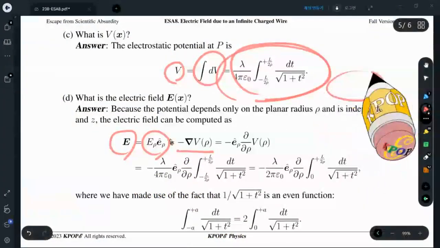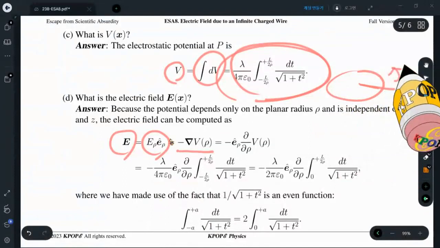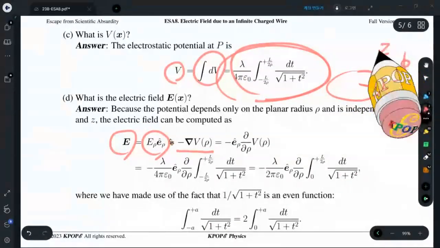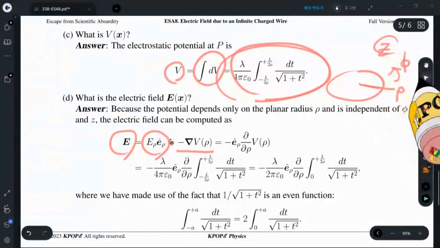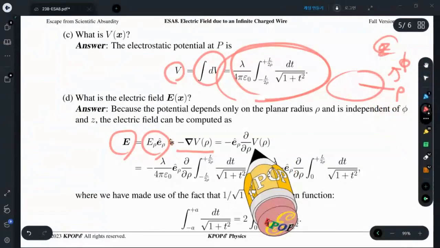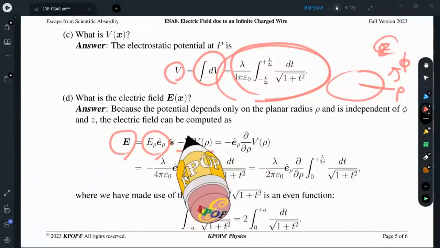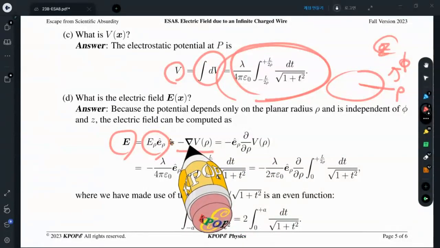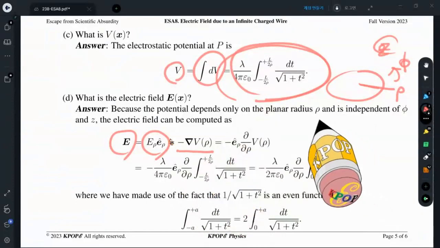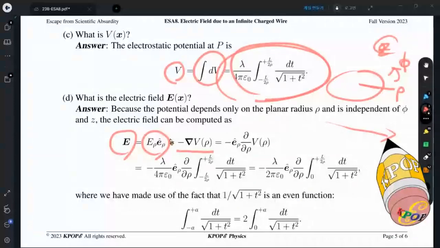Fortunately, we have a rho dependence only, and we have no phi dependence or z dependence. So the gradient has only a single direction. That means as rho increases, the strength of the electric field changes.